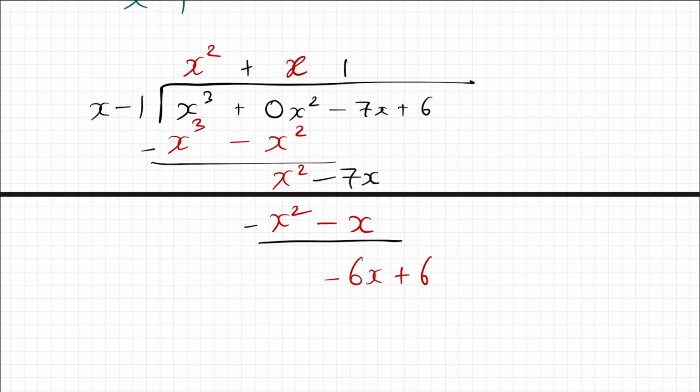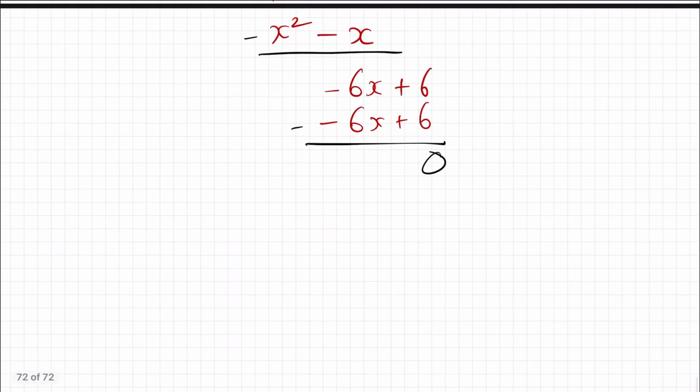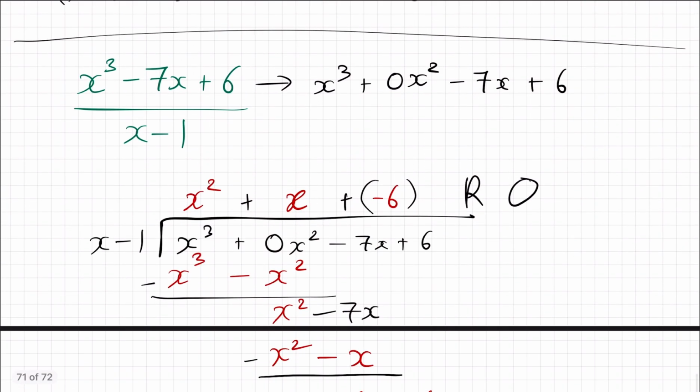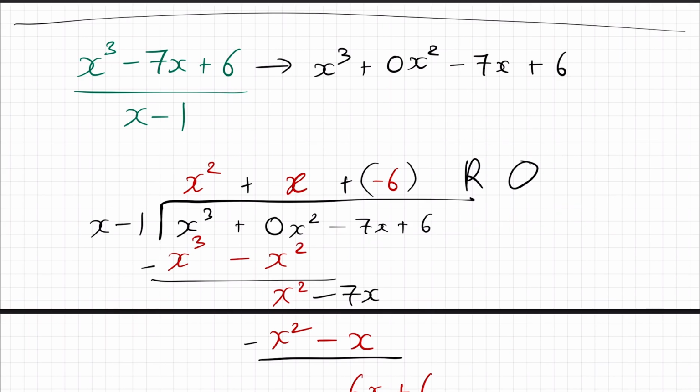So actually, I'll just put it like this, so it's a bit clearer. So we're going to be multiplying by minus 6, like so. And you'll see when we distribute these two, this becomes minus 6x, and then minus 6 times minus 1, that is plus 6. And now you see these two cancel out completely, and we're left with a remainder of 0. So again, with a 0 remainder, this shows it's a perfect factor.